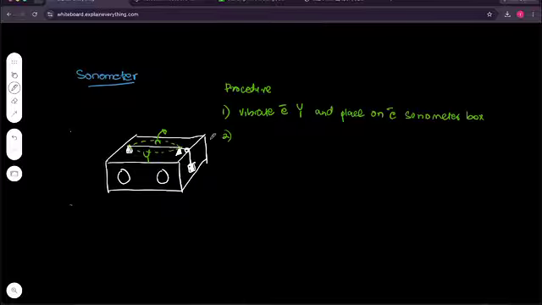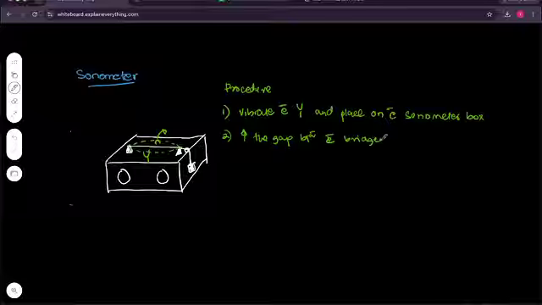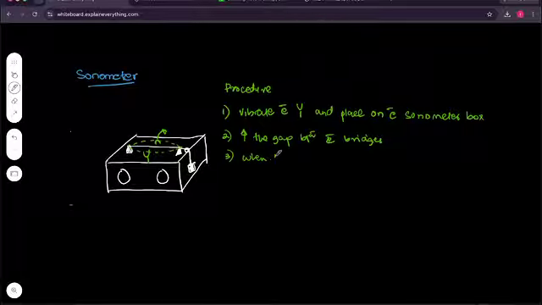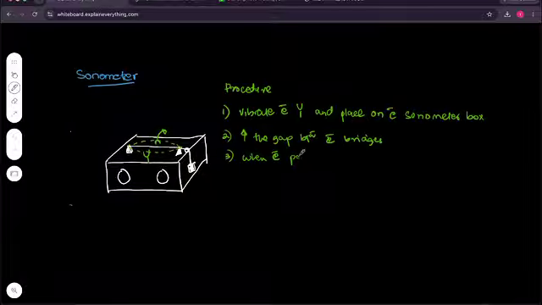Second, we increase the gap between the bridges, or wedges.